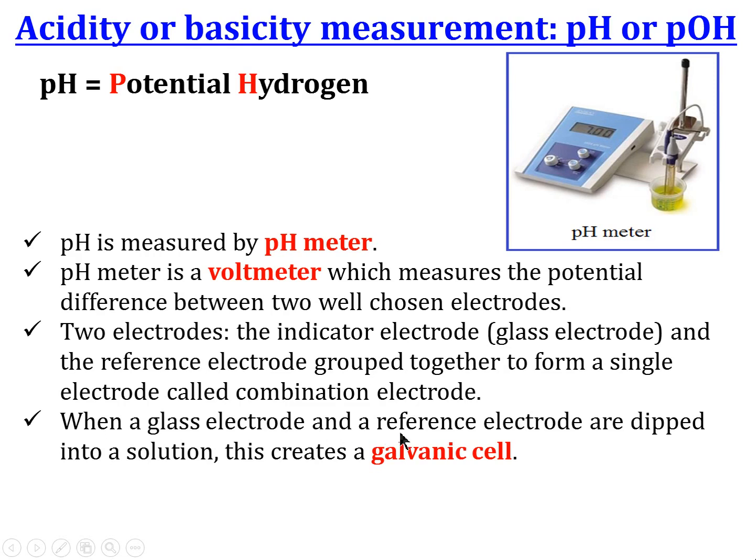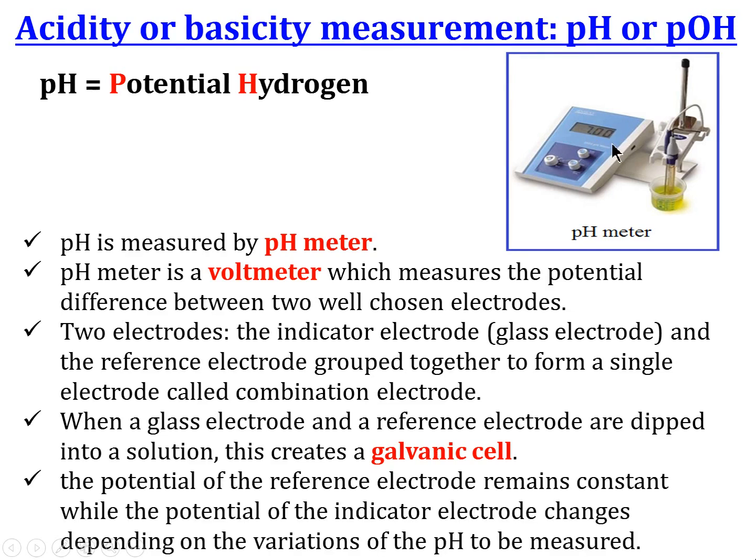When a glass electrode and a reference electrode are dipped in a solution, this will create a galvanic cell. So the voltmeter will measure a voltage which is directly related to the value of H3O+ in the solution or to the value of pH.